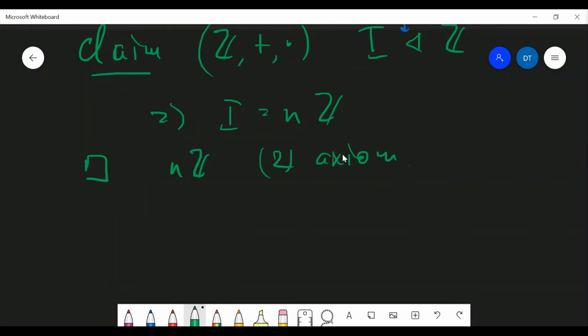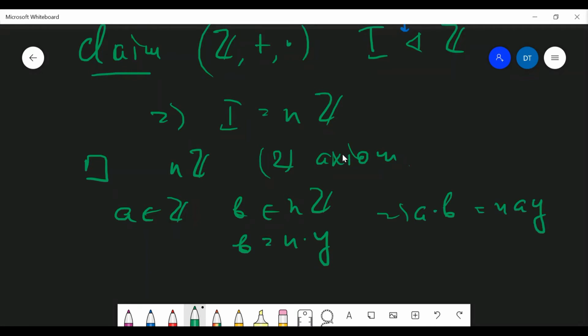The second axiom says that if you take an arbitrary integer a and an arbitrary element b here, which means that b is divisible by n, then the product a times b is divisible by n. Yes, it's divisible by n because of this equality. So every subset of this form satisfies the second axiom. The first axiom is clear because we already know that this is a subgroup. So this is an ideal. And since these are all possible subgroups, these are all possible ideals.